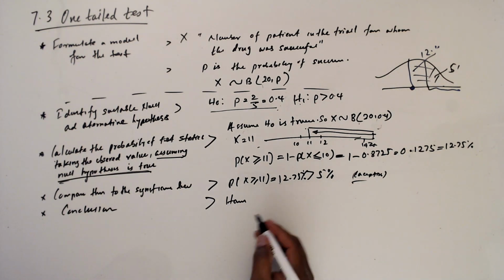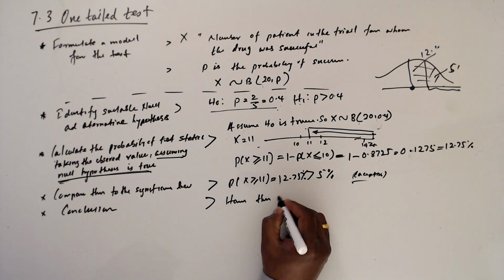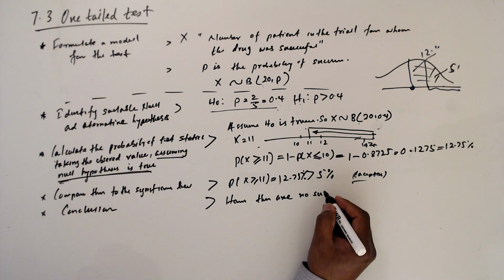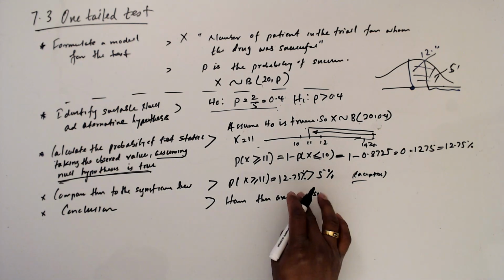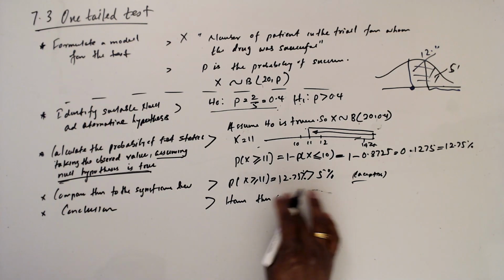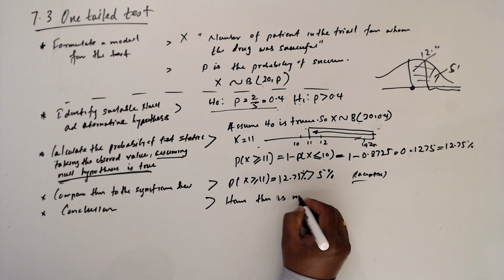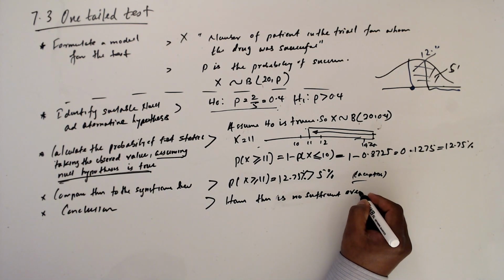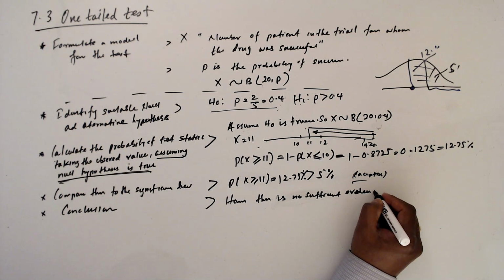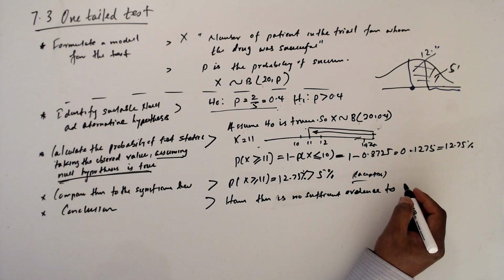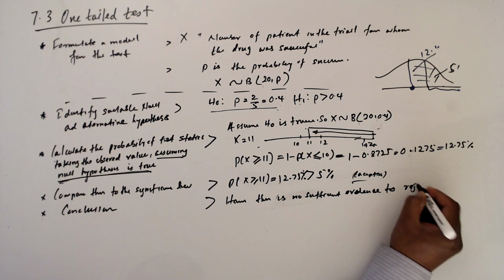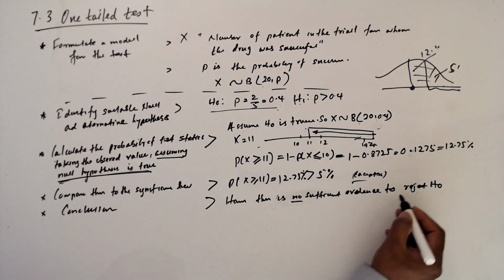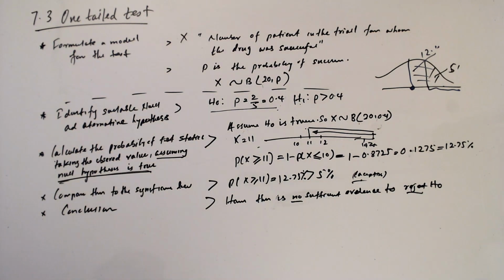But we write it differently. Hence there is no sufficient evidence to reject H naught. So not rejecting means accepting; that's how we write it.